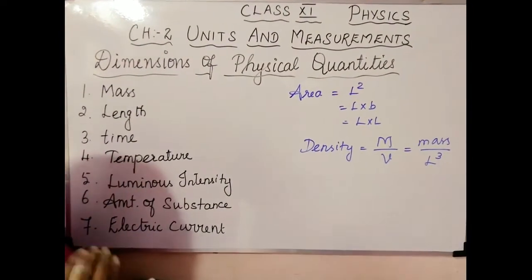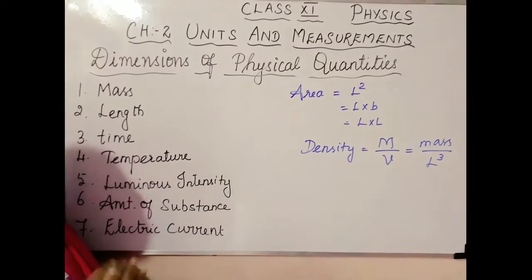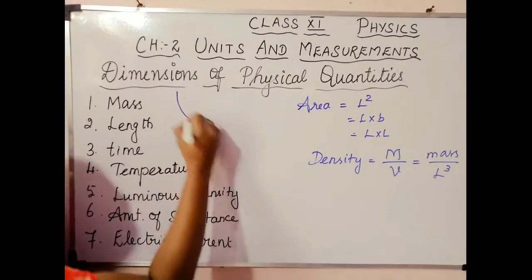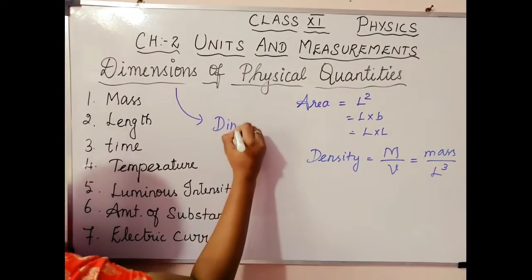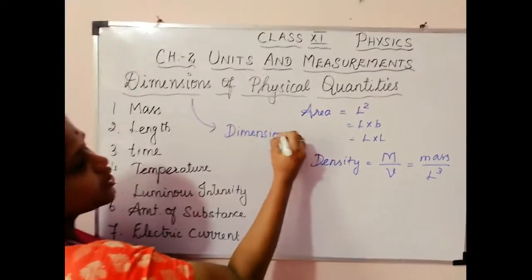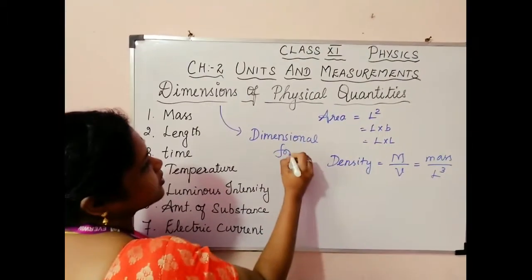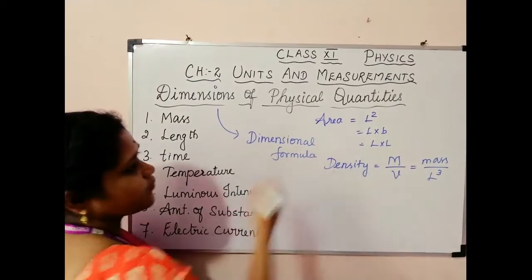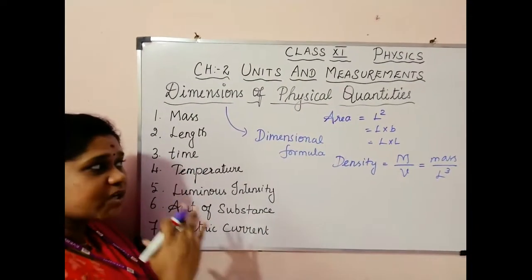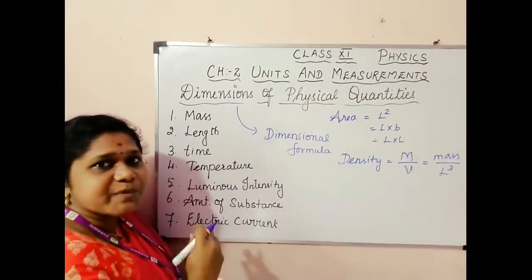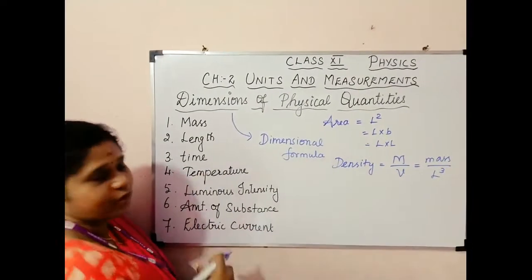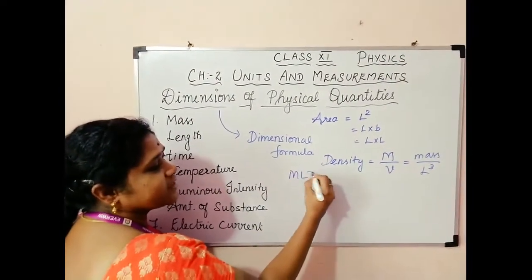Now all derived quantities are expressed in terms of dimensional formula. So what is dimensional formula? All physical quantities can be expressed in terms of dimensional formula, or you can take it as MLT formula.